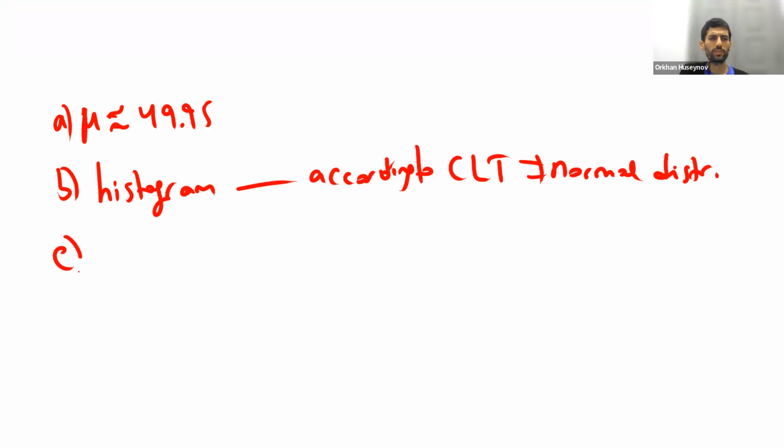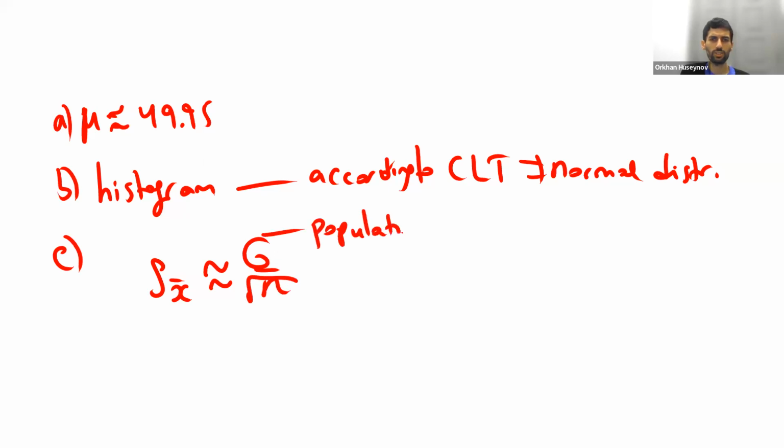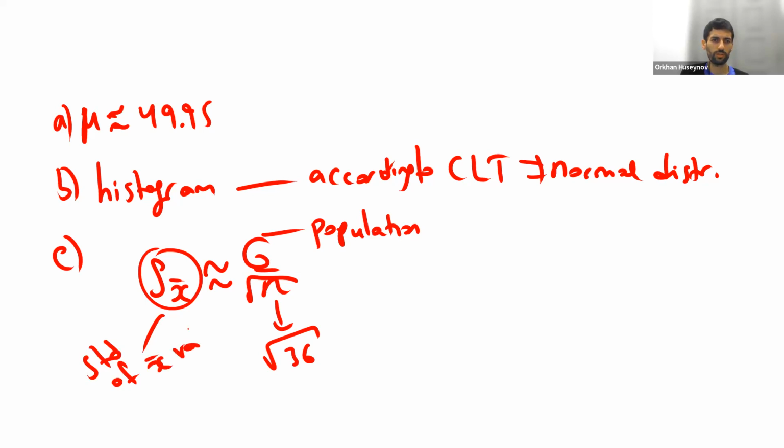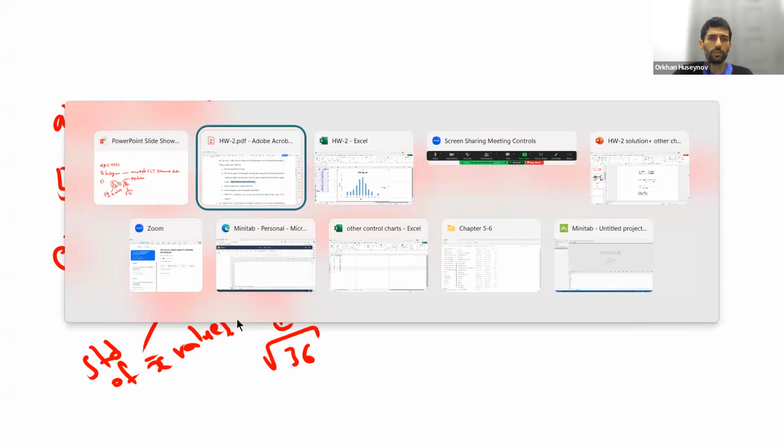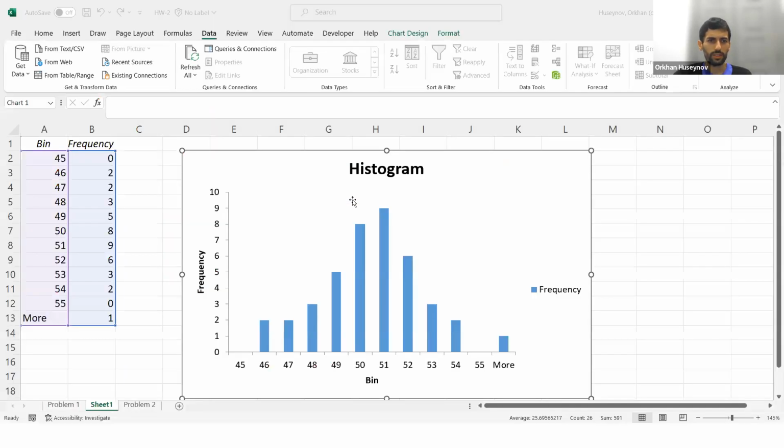Okay. And then part C comes, the population standard deviation. For this one, I will use the formula here. So it will be that the standard deviation of the sample averages is sigma divided by root n. And this sigma is the population of the car engines. And the n is 36. So it will be the square root of 36. And this will be the standard deviation, STD of the X bar values. Okay, so if I do that, this one is actually very simple, so you can do it in Excel yourself.